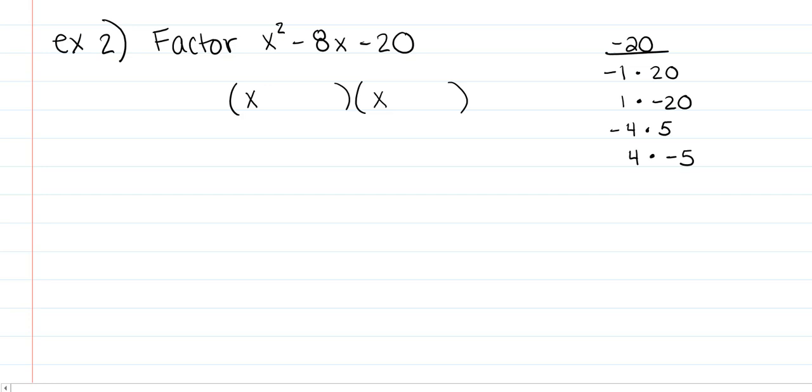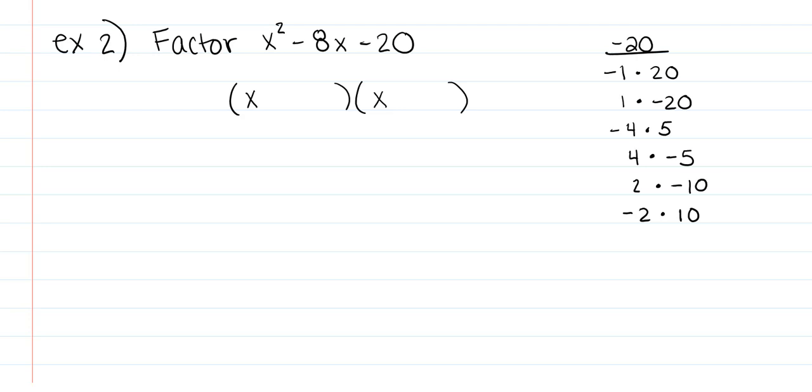What else? We have 2 and -10, -2 and +10. I'm trying to think if there's any other factors of -20. 1, 2, 3 is not a factor, 4, 5, and now we've gotten into repeats. So I think I have all the factors.